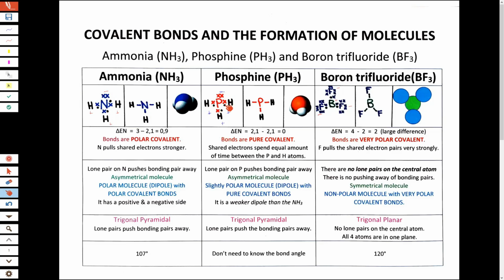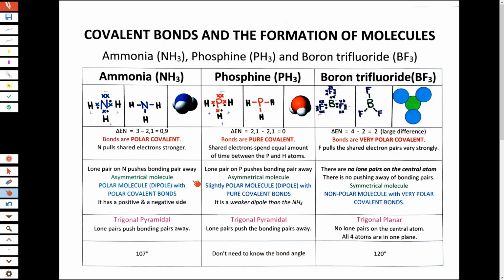They are pure covalent because the electronegativity difference is 0. This molecule of the 3 has the strongest polar covalent bonds. The polarity is the greatest in this molecule. But because there are no lone pairs on the boron, the molecule is completely symmetrical. There's no positive side and negative side. So the molecule as a whole is non-polar.